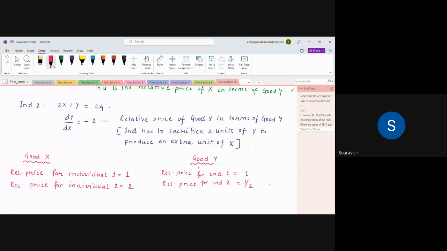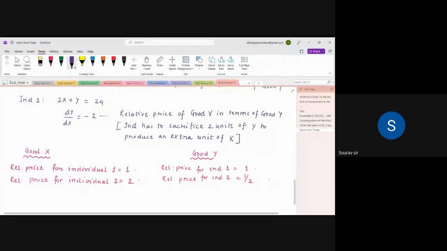Now look at these two comparisons carefully. This is the information that is coming directly out of the production process. Nothing extra, no market price or anything like that, has been considered. Now come to the consumption part of it. These two individuals are producing these two goods and now want to have consumption.